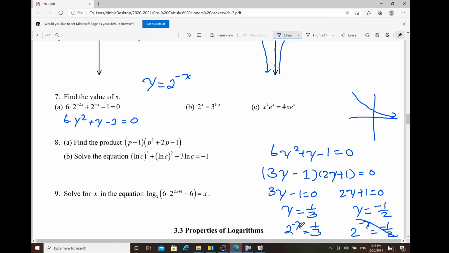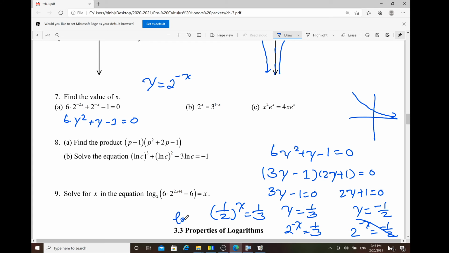But what about 2 to the power of negative x equals 1/3? In other words, this one is showing that 1/2 to the power of x equals 1/3. So the way to solve for x, we're using the logarithmic model. So it's log base 1/2. Okay, let me just rewrite it.